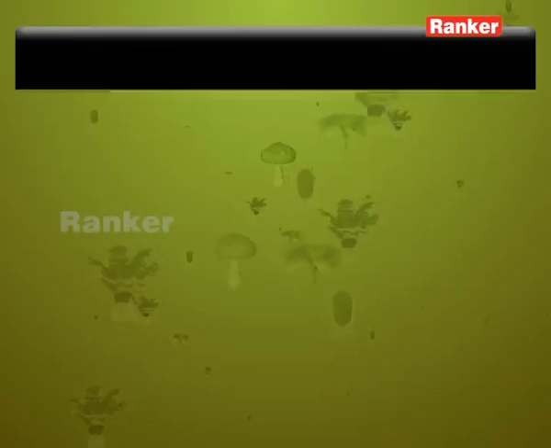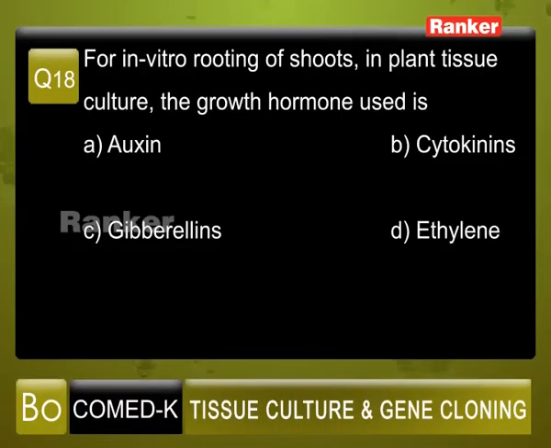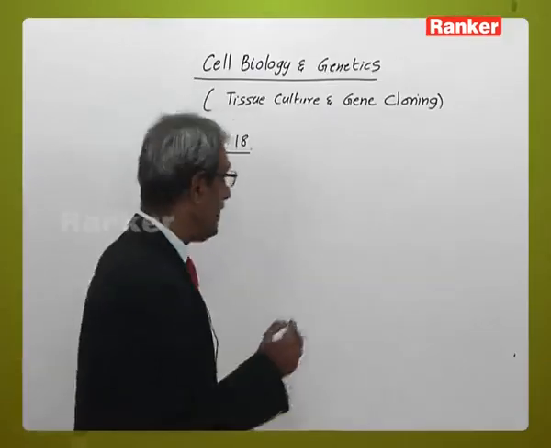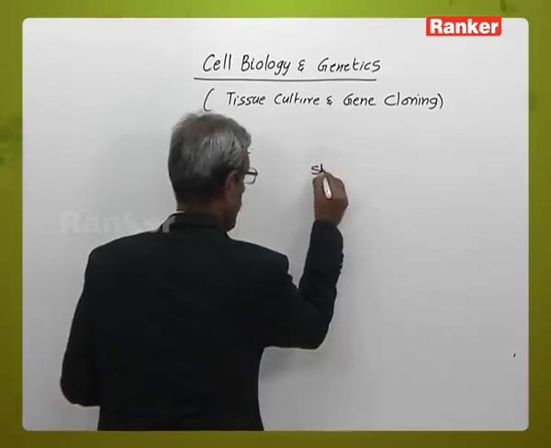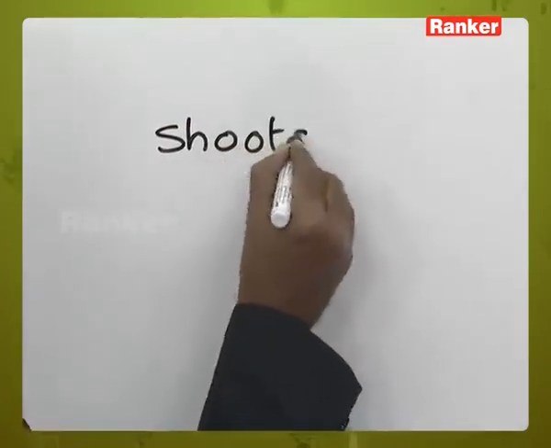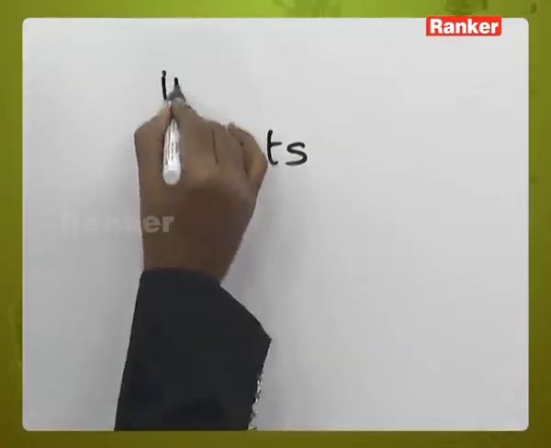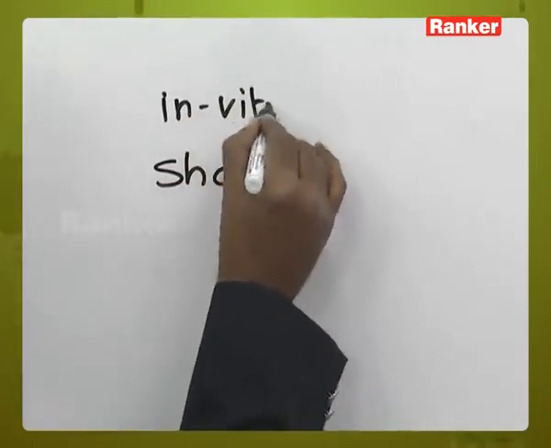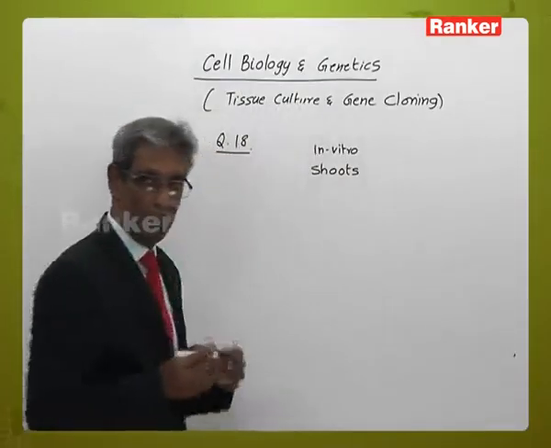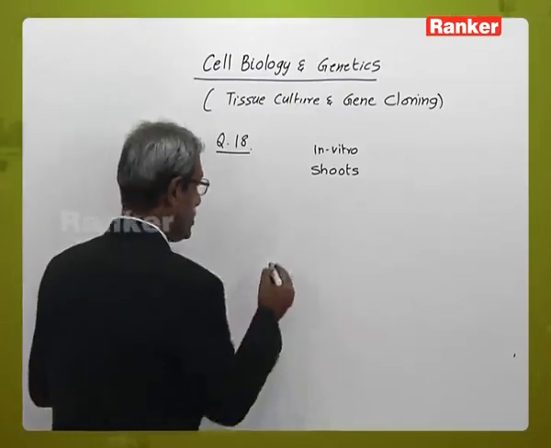Question number 18. For in vitro rooting of shoots in plant tissue culture, the growth hormone used is A. auxins, B. cytokinins, C. gibberellins, D. ethylene. Now, if we take shoots, we want to produce in vitro, we take the plants and we are interested in rooting.